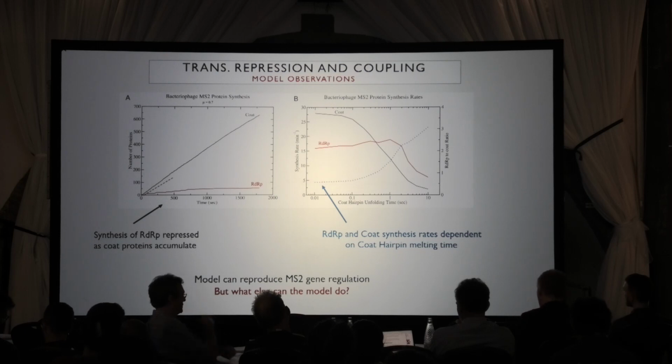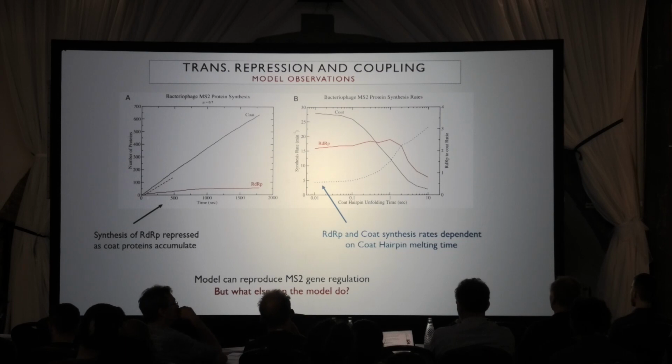And so this is a measurement, or a theoretical measurement, of how the replicase and coat protein concentrations in the cell would be temporally achieved by the virus as the infection cycle goes on. So you get that shut off.